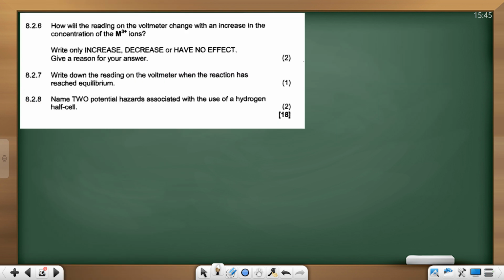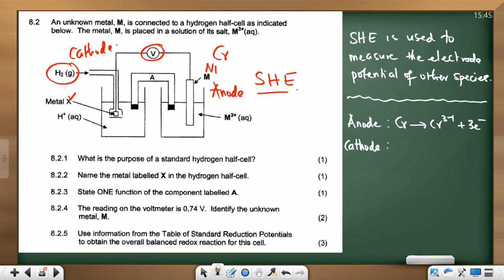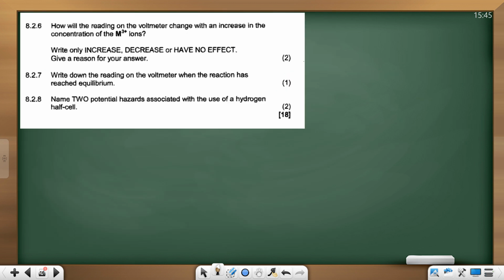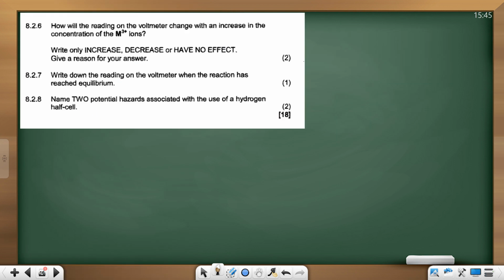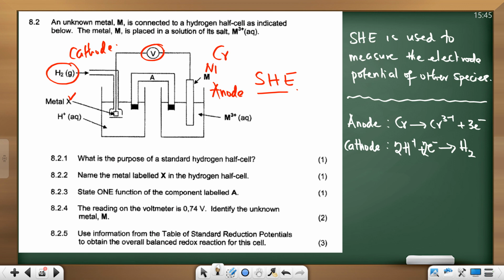So it is 2H+ plus 2e- to give us H2. Okay, guys, do you want to balance this for me quickly? Net ionic equation.